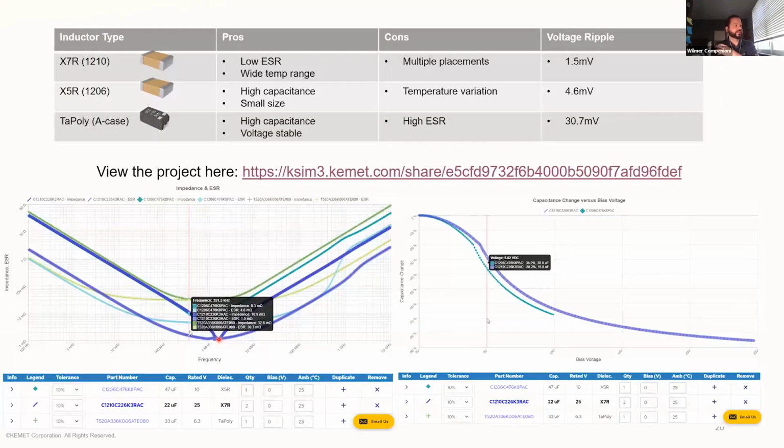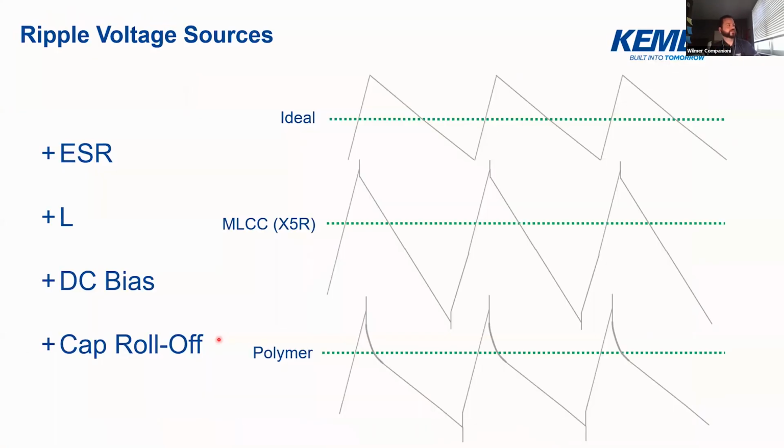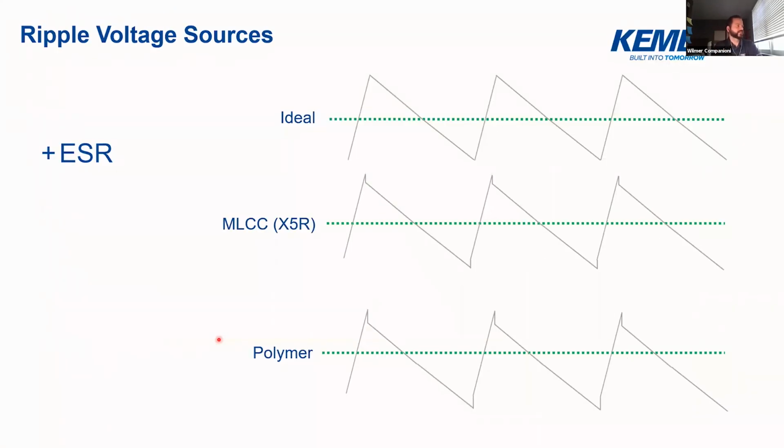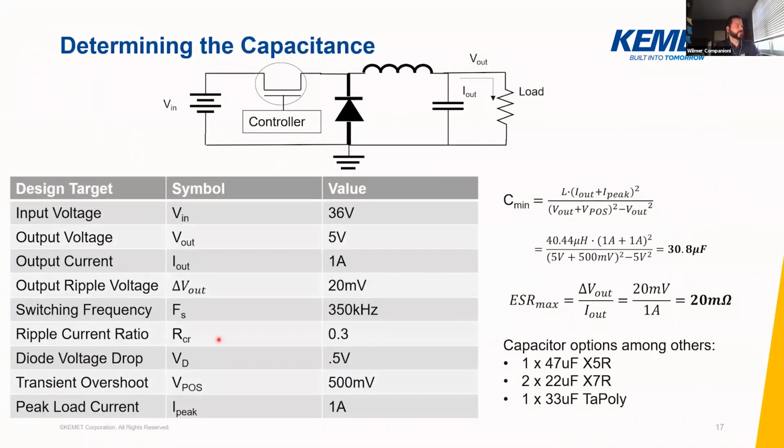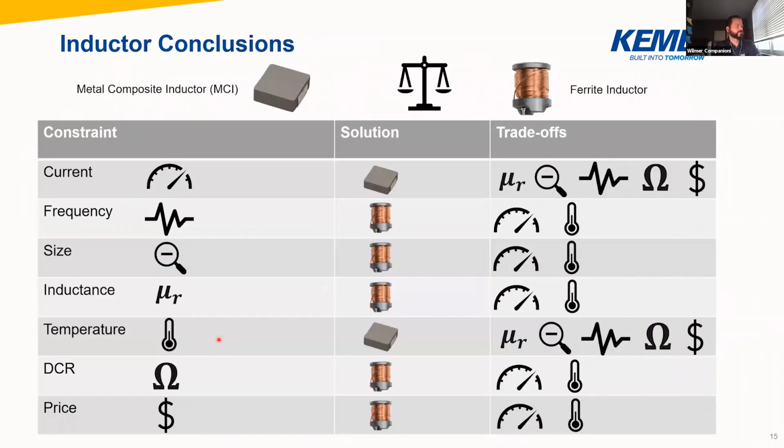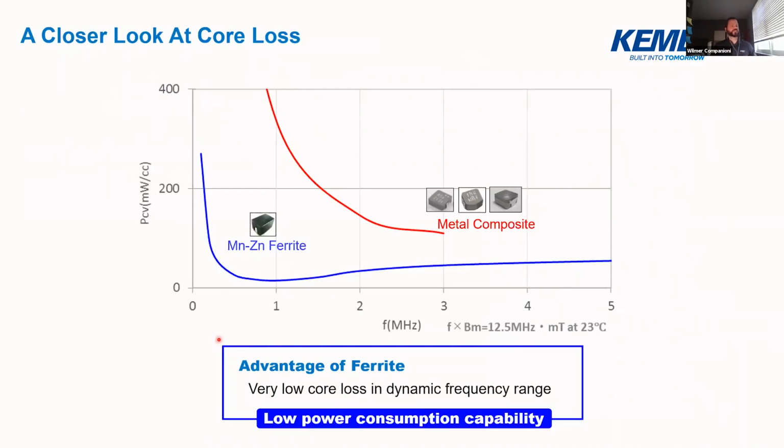So that sort of comes into play. Let me get to this slide here. Okay, so this is an example of switching frequency. The amount of switching frequency also impacts the amount of core loss when considering the two different types of inductors, metal composite and ferrite inductors.